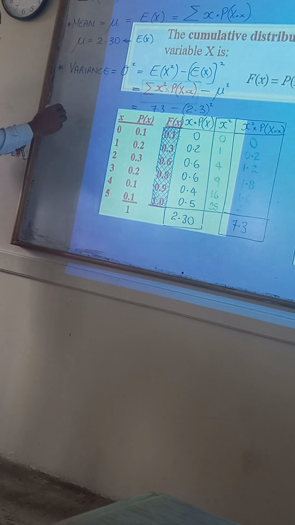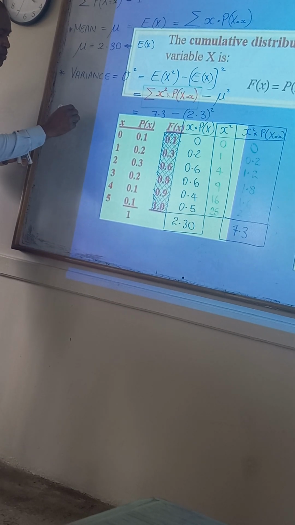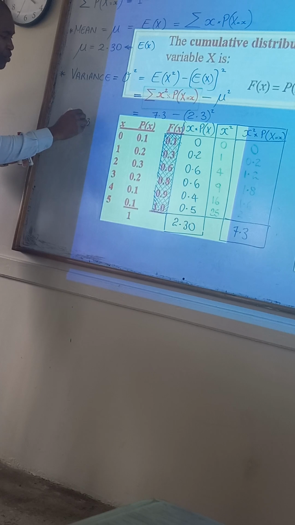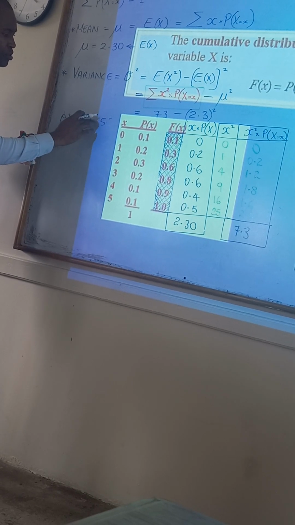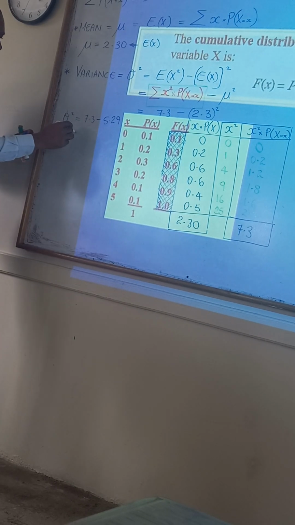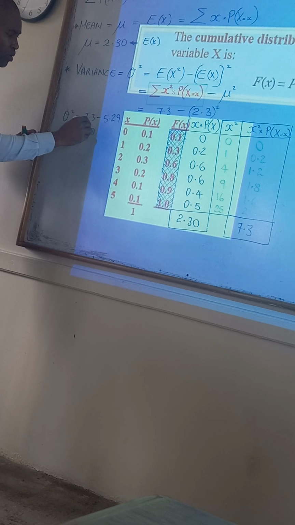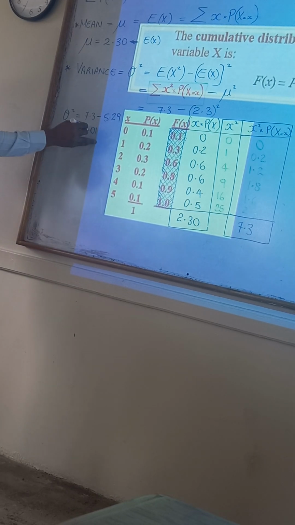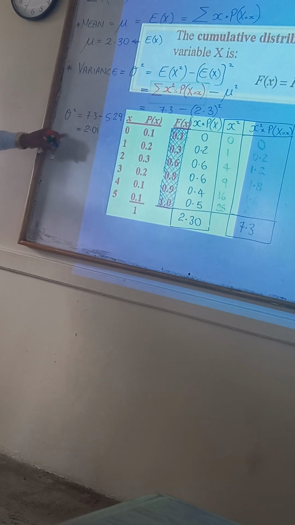So my variance, sigma squared, is equal to 7.3 minus 5.29. Right. So that gives me 2.01. Lovely. So that's my variance.